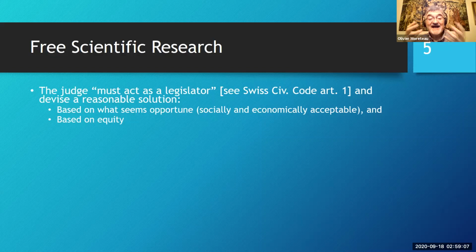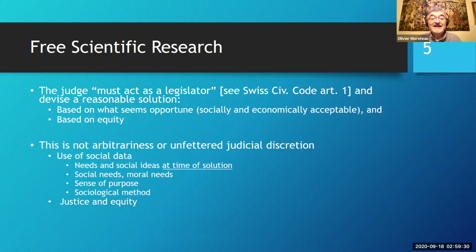So the judge must act as a legislator and devise a reasonable solution to the case based on what seems opportune, okay, what is socially and economically acceptable, and also based on equity, okay? The solution should be fair also in the circumstances of the case.